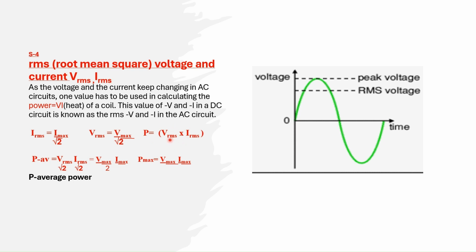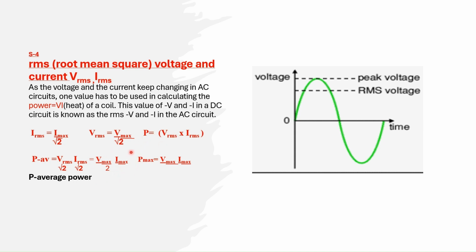So if VRMS is maximum over square root 2, and I also maximum over square root 2, therefore V maximum times I maximum divided by 2. So that is also the average power. Okay, so that is how we calculate the power.